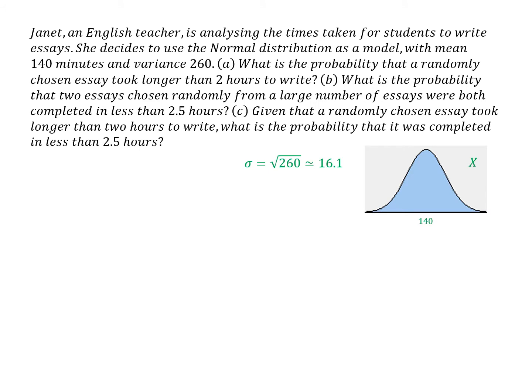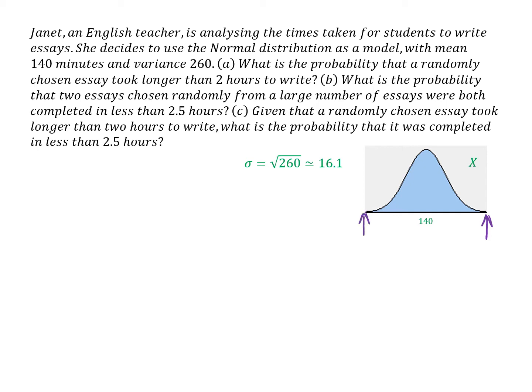So what we've got here, we're told that the mean is 140 and the variance is 260. So the standard deviation is 16.1 roughly. And in order to get the scale roughly right, I'm saying that this point here will be the mean plus 3 standard deviations.